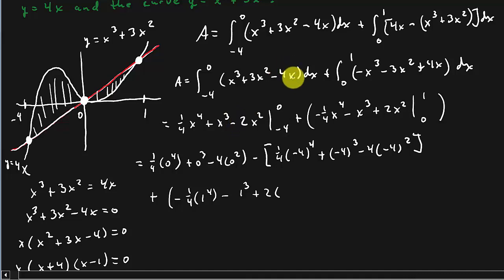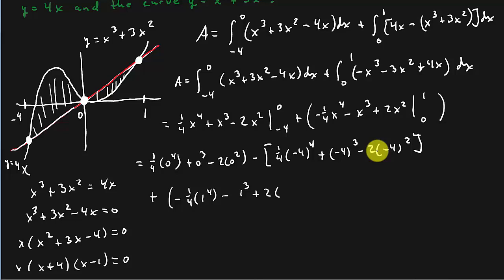When I integrate the 4x, I don't know what I was thinking. Okay, so that 4 right there should be a 2 also, and this 4 right here should be a 2 also. Okay, all right. Now we're good. Sorry about that.